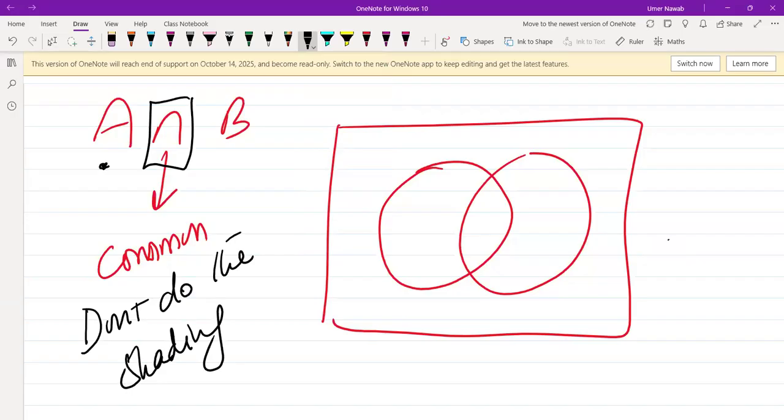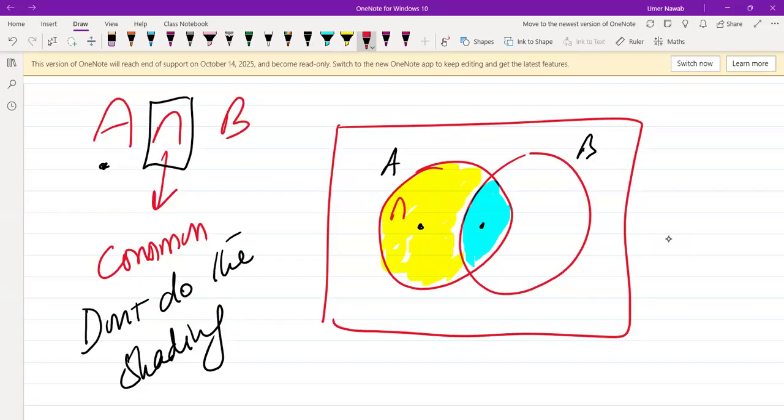So I dot. So the circle A has two regions, this one and this one. Interestingly, if you look at this dot, this part of A is common with B. And this part of A is not common with B. Okay, so can I name these regions?